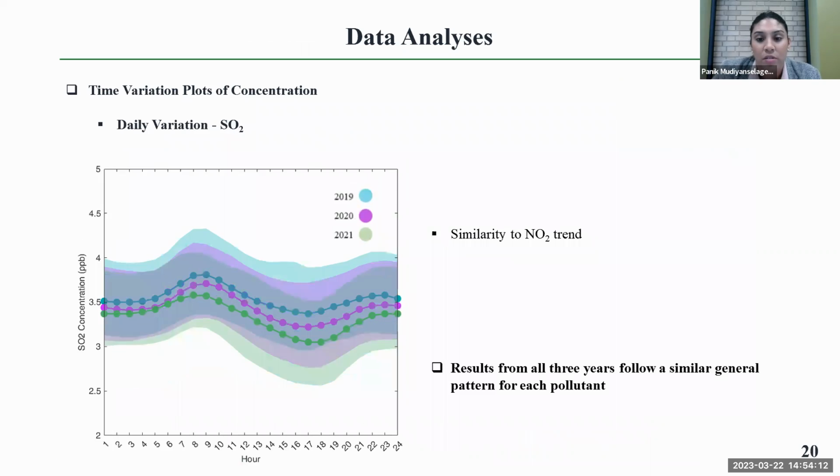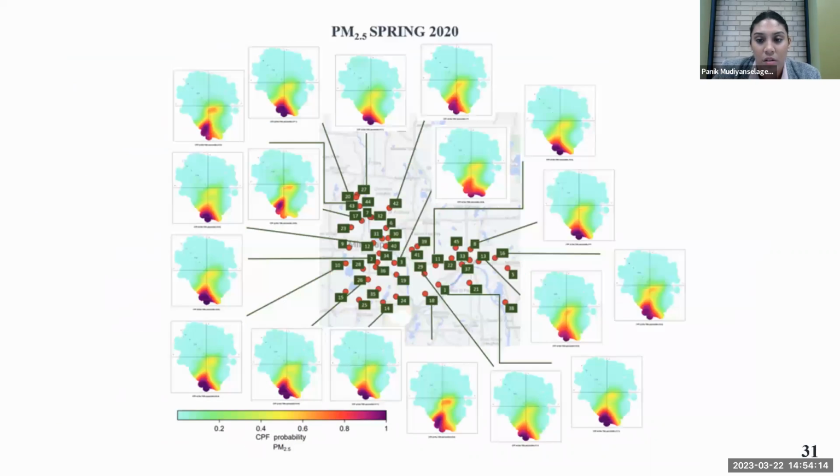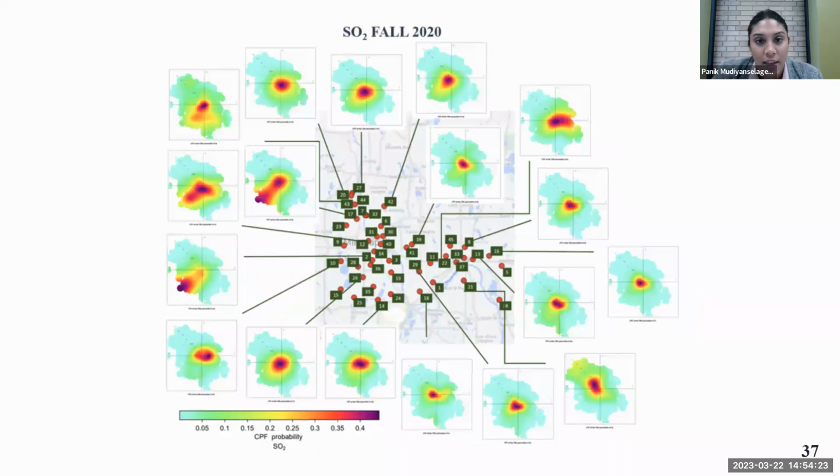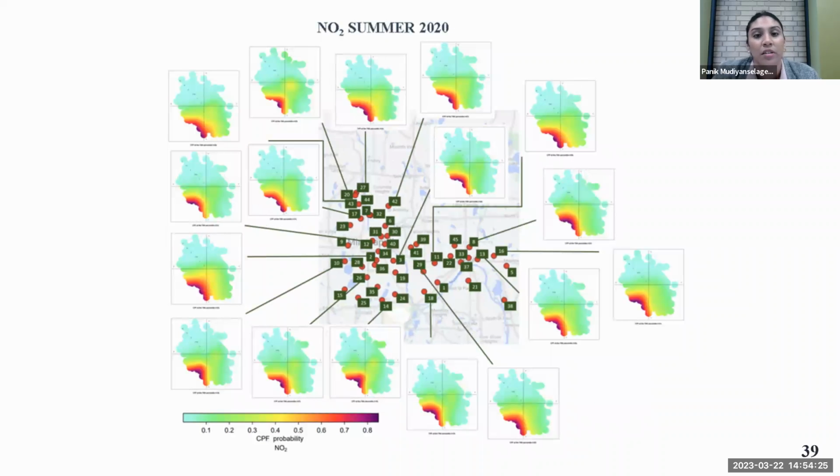And when we come back to this, we see that in the summer for SO2, we're seeing contribution from a distant source. And interestingly enough, we see a similar pattern for NO2 as well. So our interpretation is that this might be due to the Canadian wildfires, which is contributing to these summer peaks.